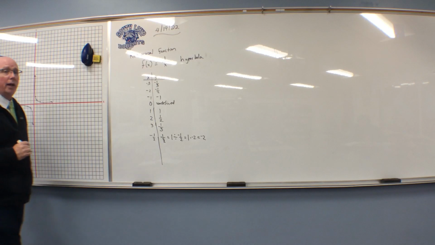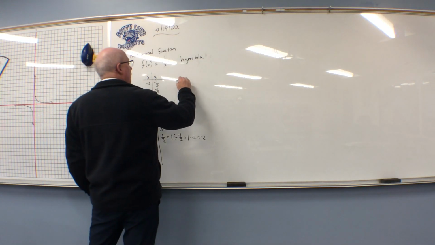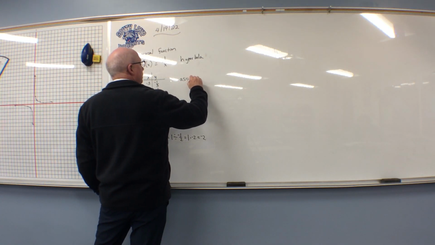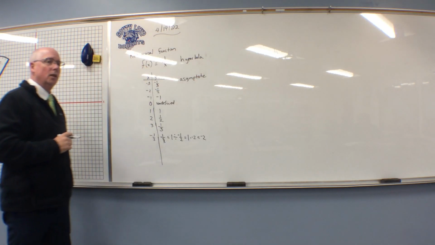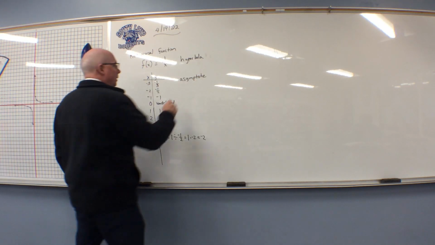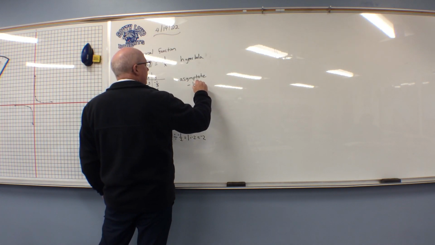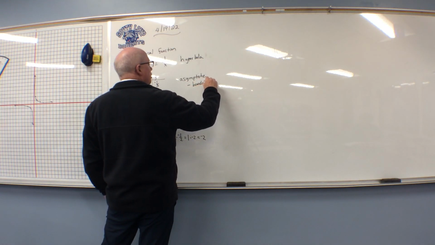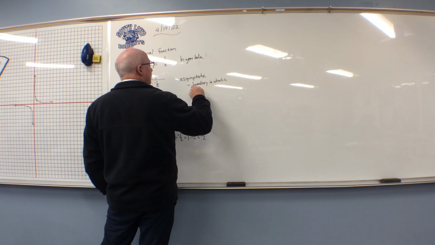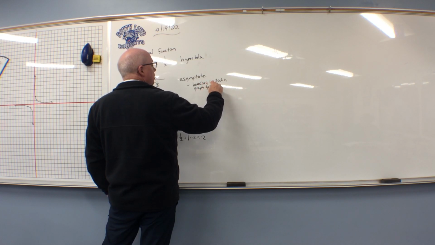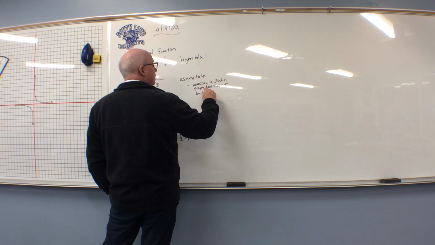And what we have created is this word that we call an asymptote. Remember, this is a boundary which a graph gets closer to but never touches.